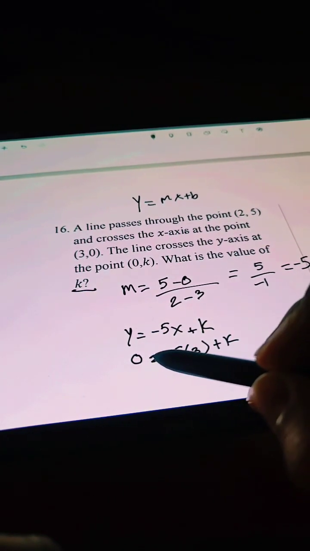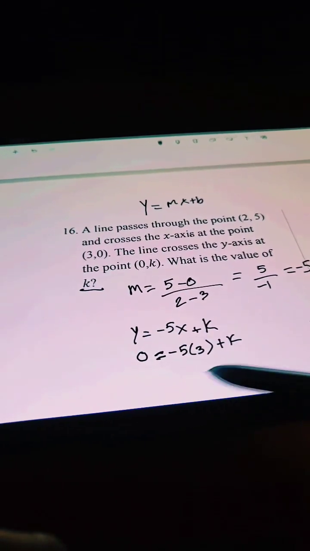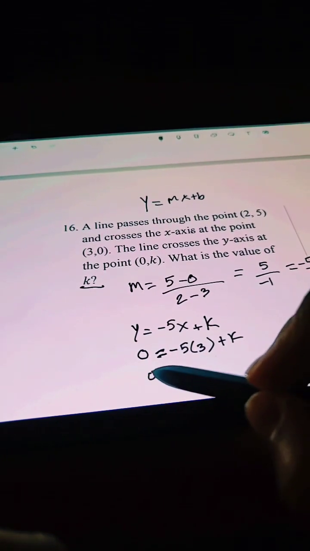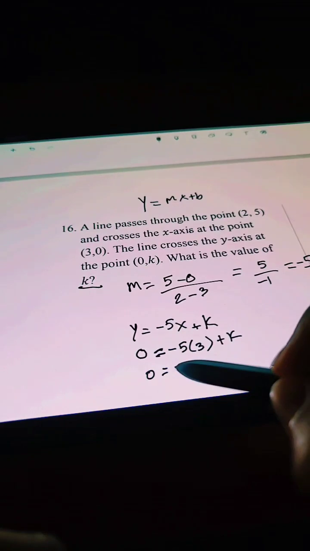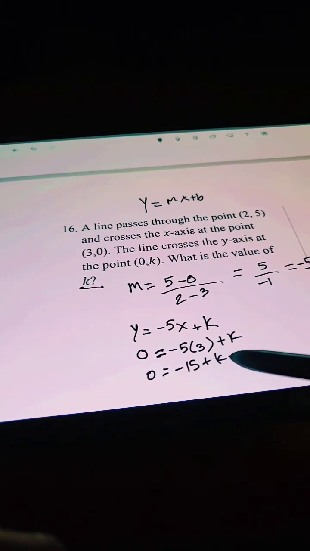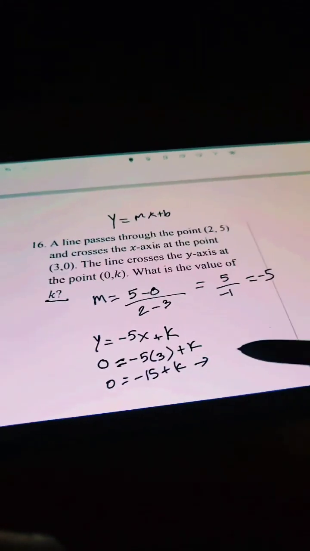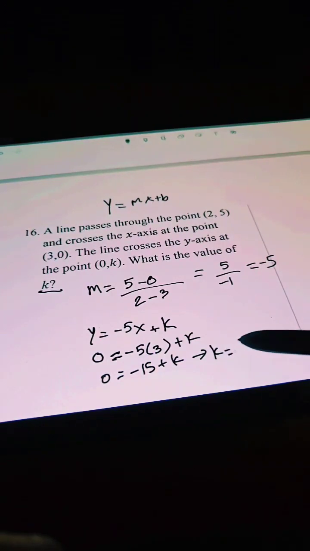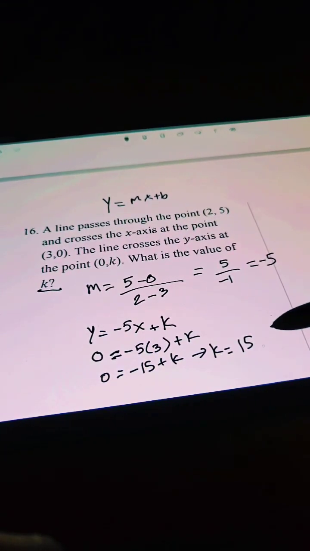And then now I say, okay, well, I have 0 is equal to negative 5 times 3 is negative 15 plus k. Then I have to add 15 each side to get k by itself. So then I get k is equal to 15 as my answer.